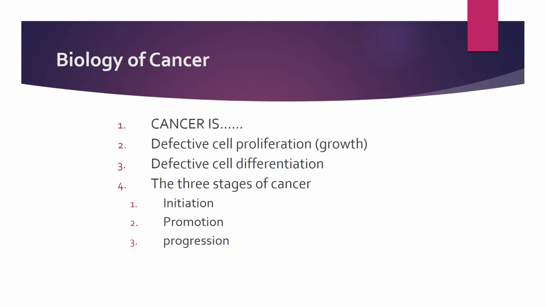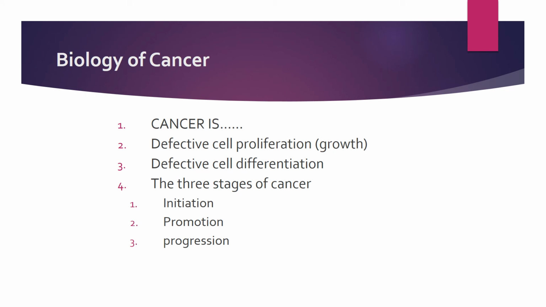Some of these things, for instance, could be viruses, hormones, exposure to radiation, certain chemicals, certainly genetic factors, and then there is the always unknowing factor. But what we do know is that this is when cancer cells arise.